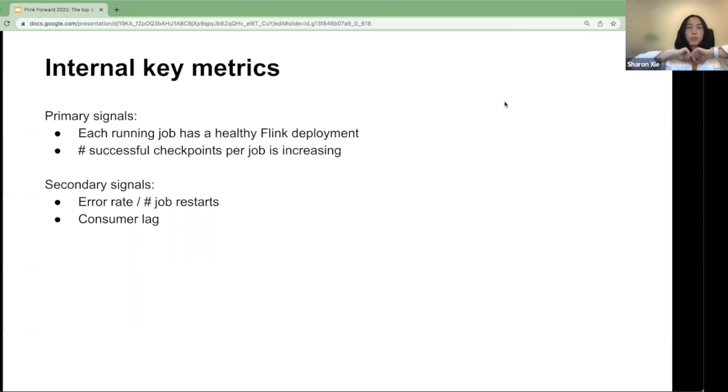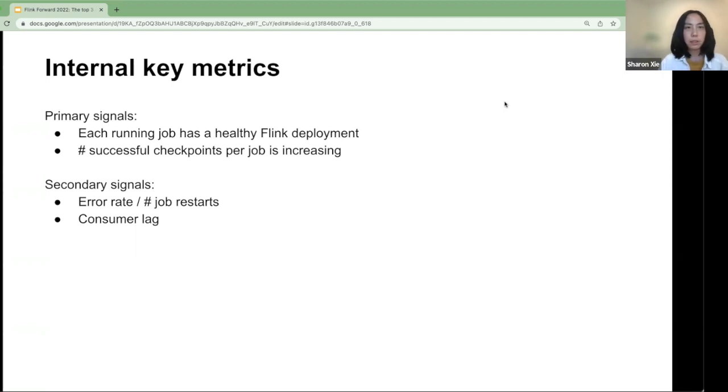The metric we use is the number of successful checkpoints per job, and we monitor that the number is increasing over time. The reason that this is pretty accurate is because Flink periodically emits checkpoint barriers, and we've configured the checkpointing to be in synchronous mode. So it actually operates as a good heartbeat for the system.